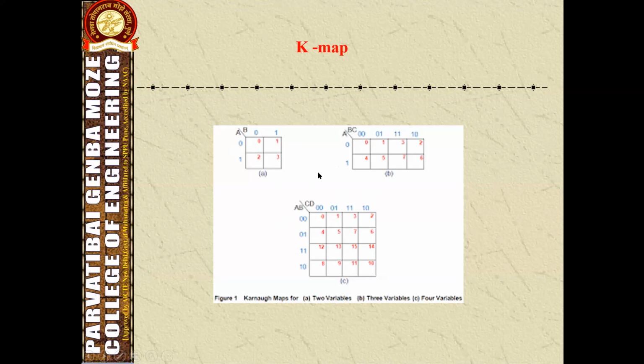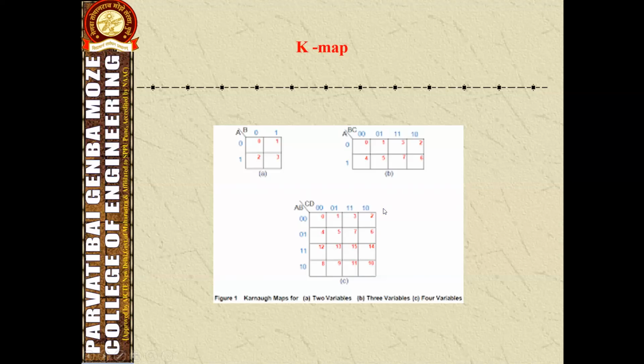We have seen 3 of the 7 rules, and we will look at them once again. This K-map helps to reduce the Boolean expression without using any theorem, and the Boolean expressions are then used for implementing combinational circuits. So let's see the K-map.